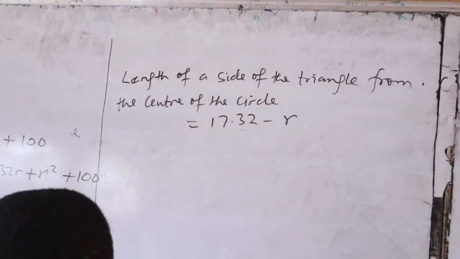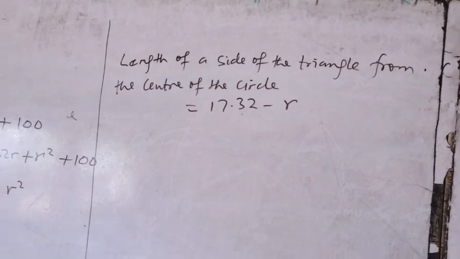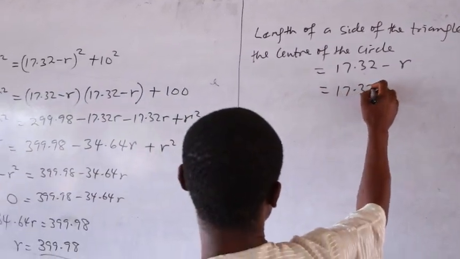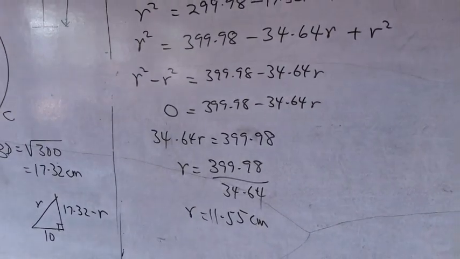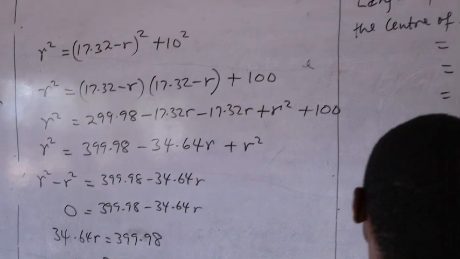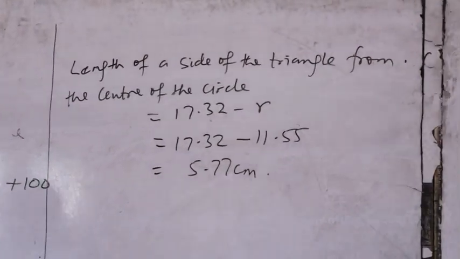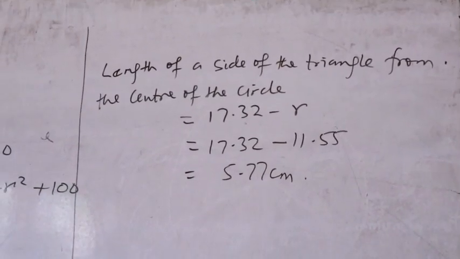If that question requires only radius, I will stop here. But now I will continue. 17.32 minus, what is the radius? 11.55. And what is the answer? 5.77 centimeters. Always put your unit on. Is that taken?